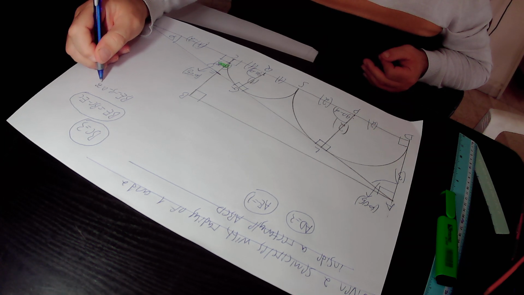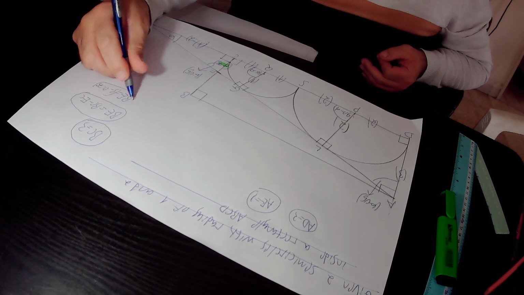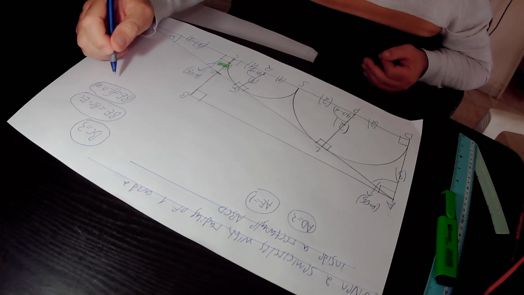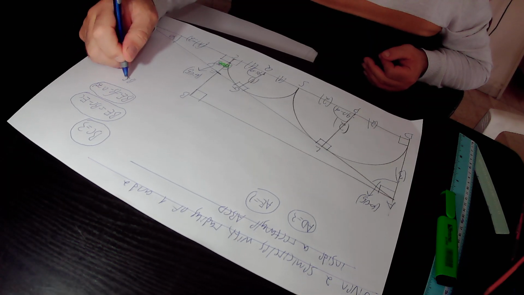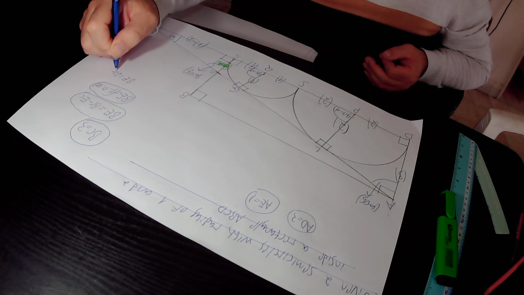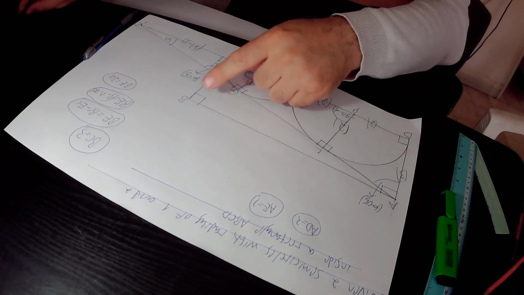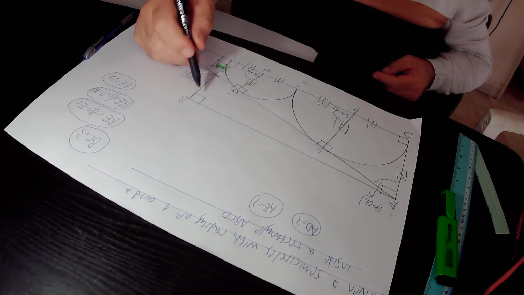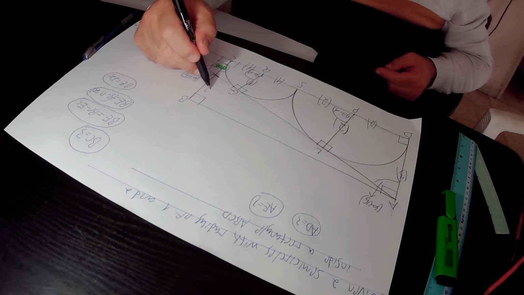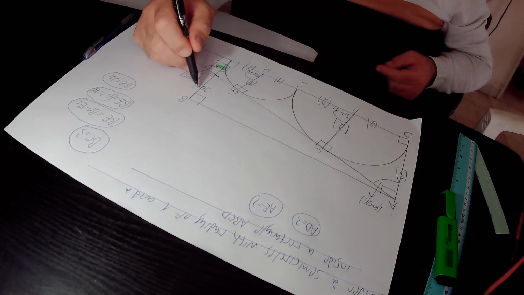So in total, BE equals 3 minus 0.75, which is 2.25. So the missing segment BE equals 2.25 units in length.